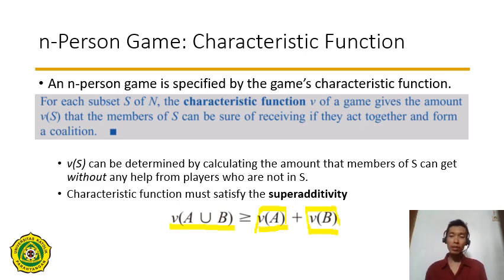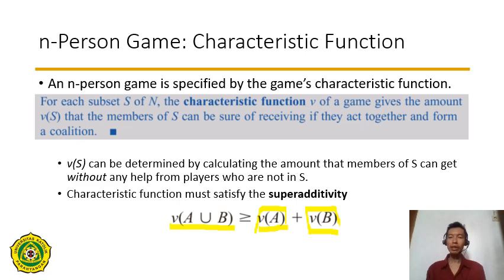It is impossible for the value they receive after forming the coalition to be less than the sum of what they receive if they act alone, right? That is called the superadditivity property.